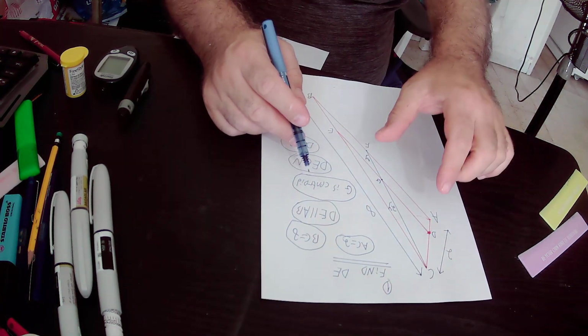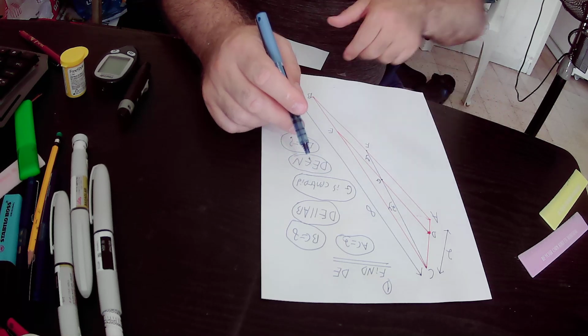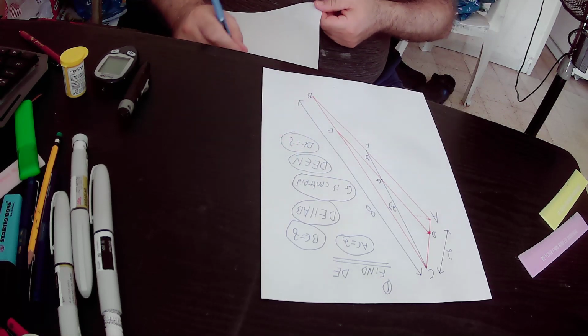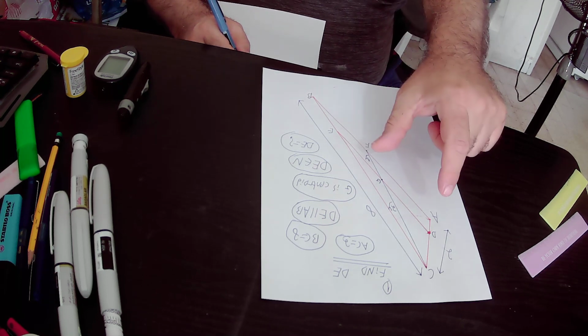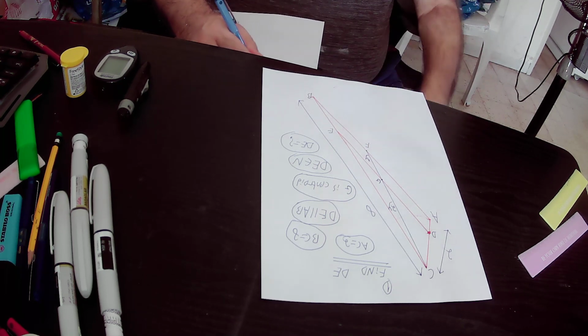We actually know that DE is parallel to AB. Okay, it is given in the question that DE is parallel to AB.